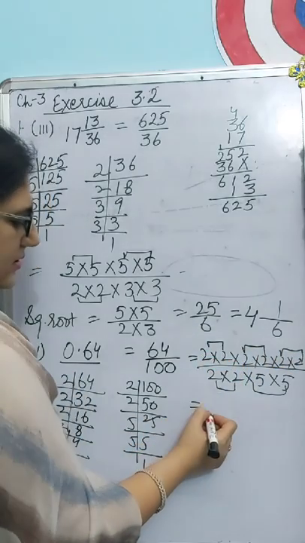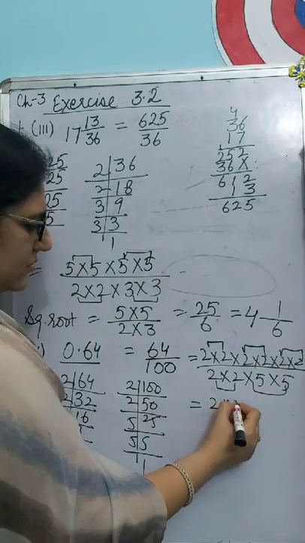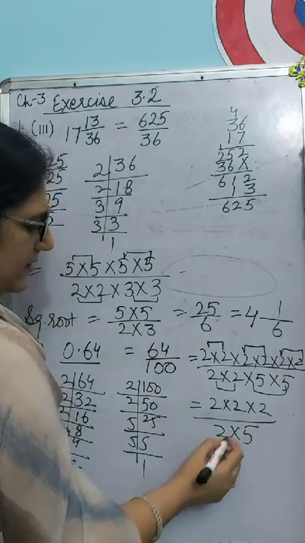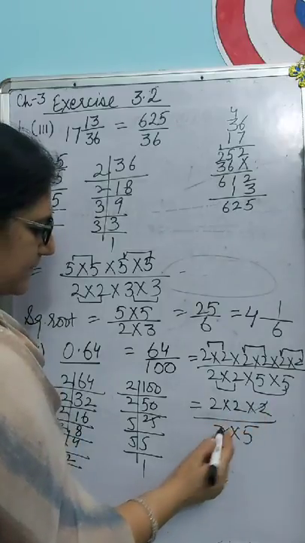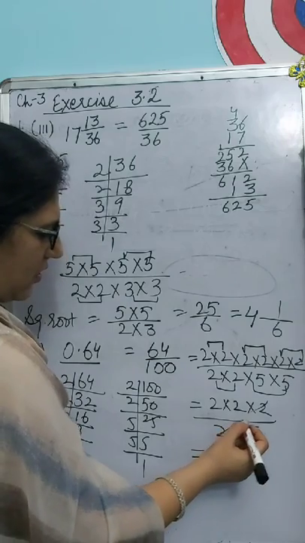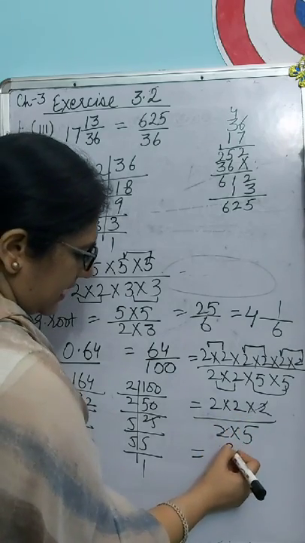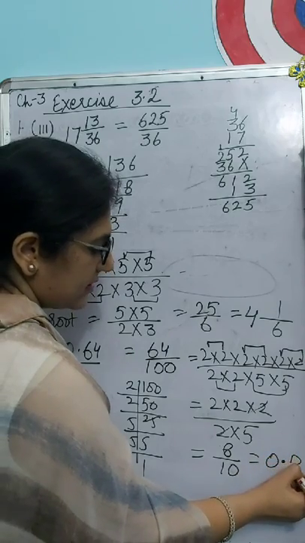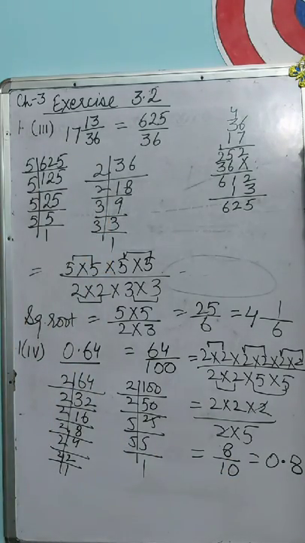So the square root will be 2 into 2 into 2 divided by 2 into 5. 1, 2 you may cancel. So you get 4 over 5, or what you can do is 8 over 10. So the answer is 0.8. This is the method of finding a square root of a decimal number or a fraction.